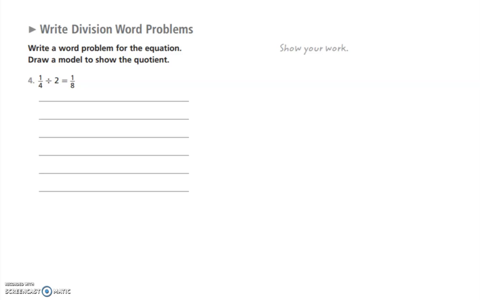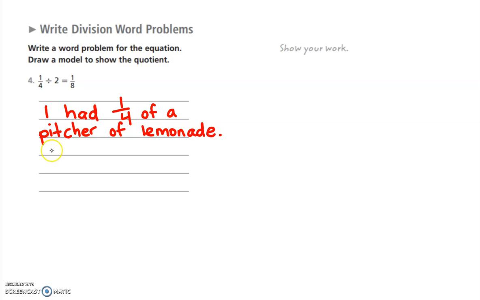So what I did on this one is I thought about how hot it was on Friday of last week, and so I said I had 1/4 of a pitcher of lemonade, and then Mr. Glassy and I split the rest of the pitcher.